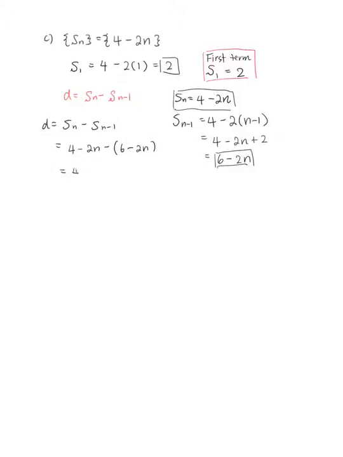So this is going to become 4 minus 2n minus 6 and then plus 2n. And these two are going to cancel each other out. So yes, we are able to find a common difference, and common difference d is negative 2.